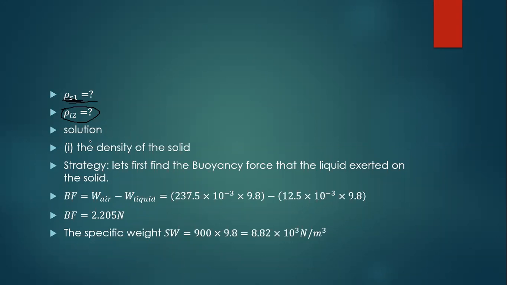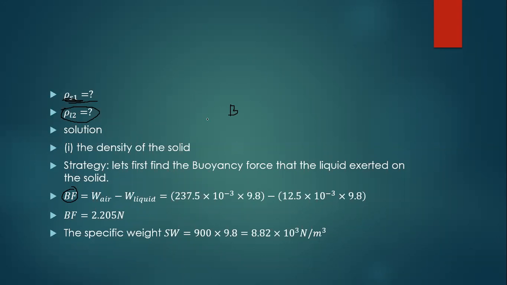Now the solution will go like this: for us to find the density of the solid, the strategy is that we have to find the buoyancy force that a liquid exerts on the solid. All right. So buoyancy force in this case, remember, if an object is floating, I should have mentioned that as well.